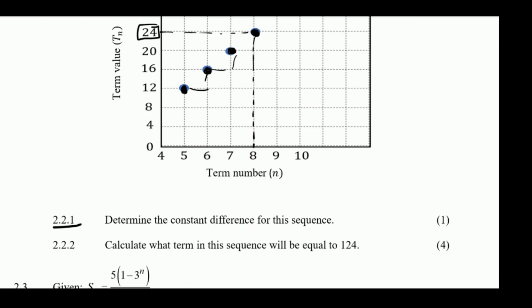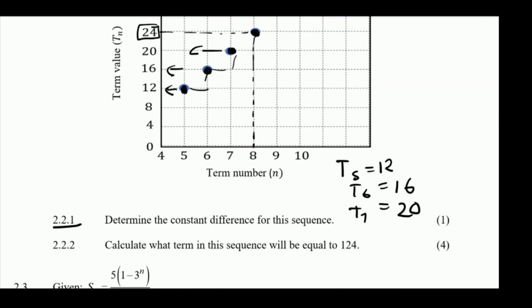So you can note, if you take a look, term number 5 is equal to 12. Term number 6 is equal to 16, right? I'm just looking here and here. Term number 7 is equal to 20.